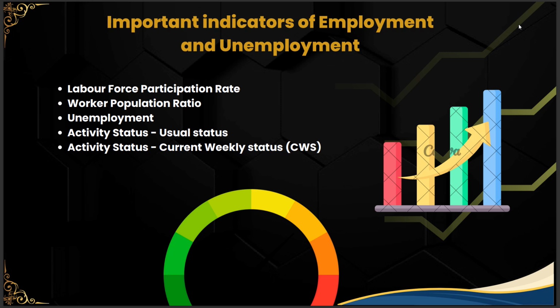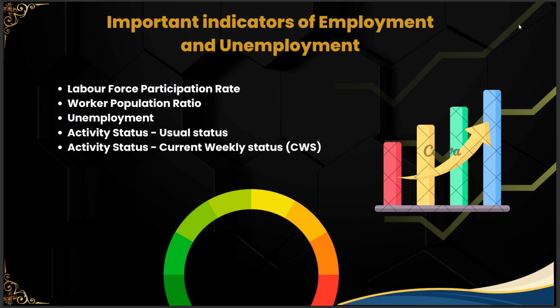Worker population ratio. It is defined as the percentage of employed persons in the population. See, in the labor force participation rate, we saw about working, seeking, or even available for work in the population. But the worker population ratio speaks only about the working percentage among the population of the country.